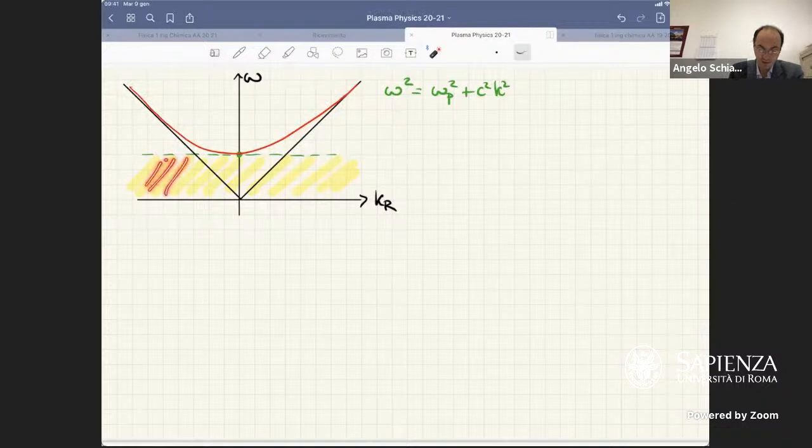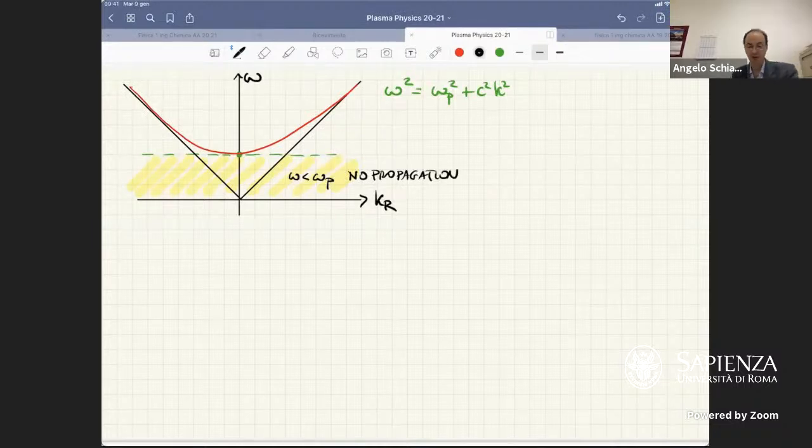Down here, for omega less than omega p, we have no propagation at all.